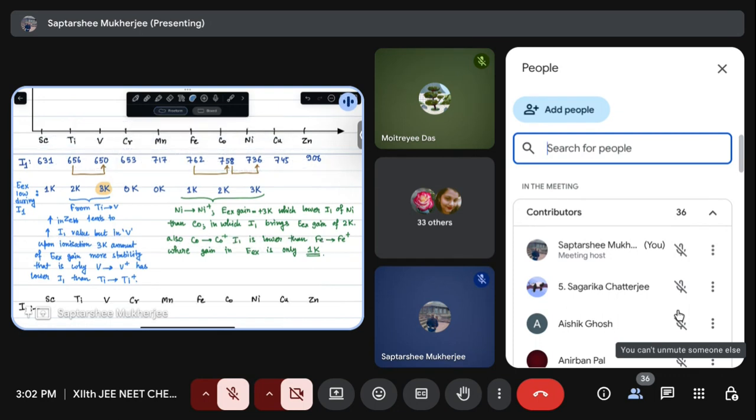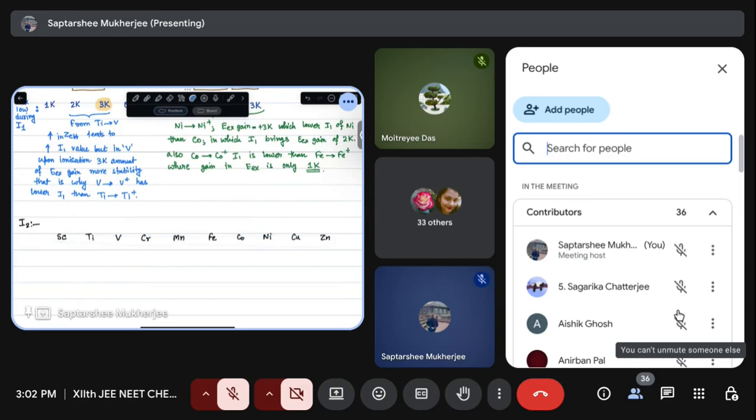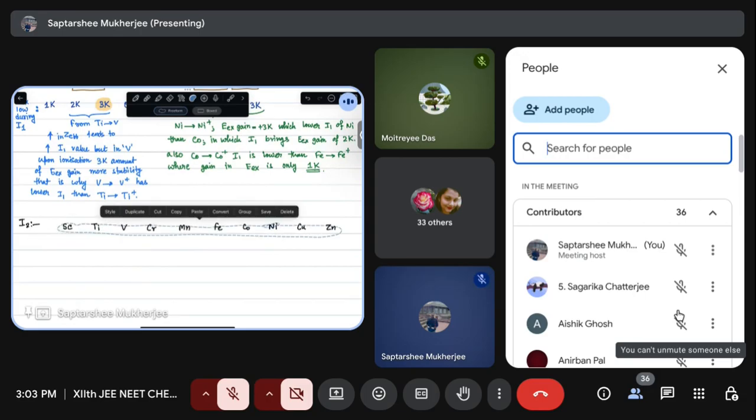Now, look at that table 2 for second ionization enthalpy data.